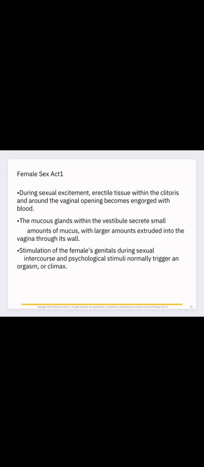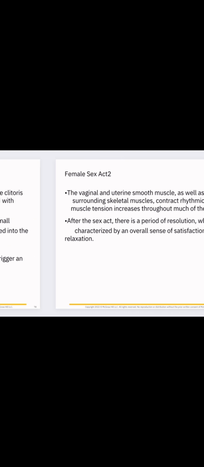Stimulation of the female's genitals during sexual intercourse and psychological stimuli normally trigger an orgasm or climax. The vaginal and uterine smooth muscle, as well as the surrounding skeletal muscles, contract rhythmically and muscle tension increases throughout much of the body. After the sex act, there is a period of resolution which is characterized by an overall sense of satisfaction and relaxation.